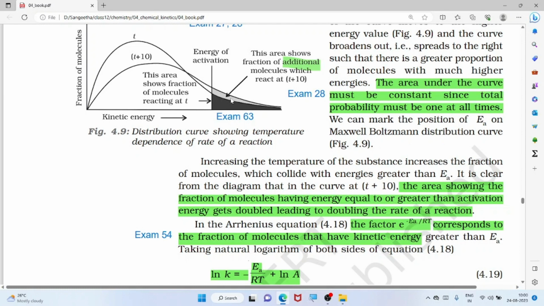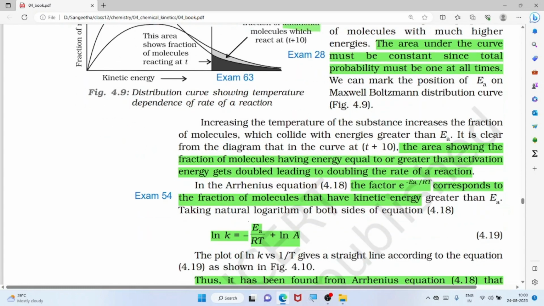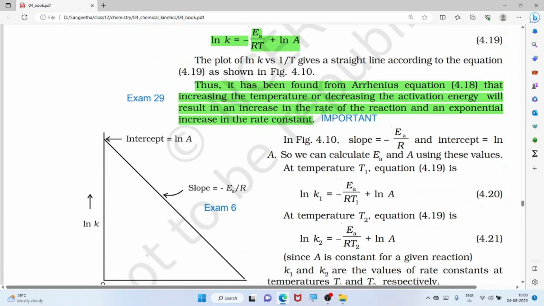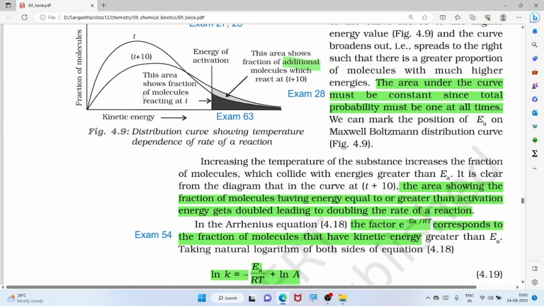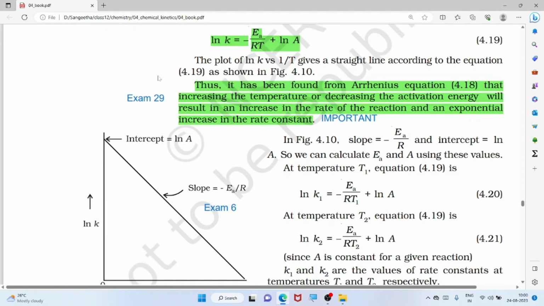After that activation energy, these molecules have more energy than the activation energy. Now in the Arrhenius equation, increasing the temperature or decreasing the activation energy will result in an increase in the rate constant.